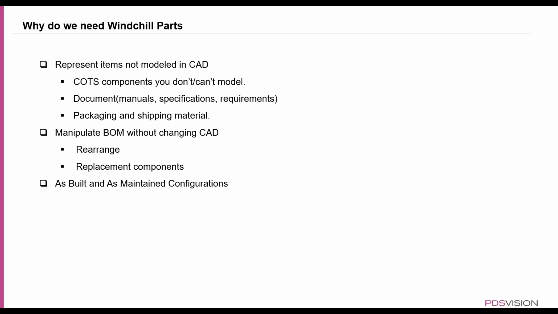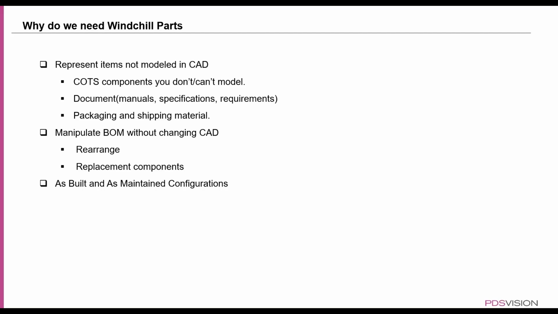Also things like documents related to the product, the specification, the requirements, and things like shipping materials. Those you can create just as a part without having a rendered CAD. The second one is what I've just talked about, where the manufacturing guys don't have to worry about making modifications to the structure that might affect the EBOM. They can do that as they wish, or to meet the process.